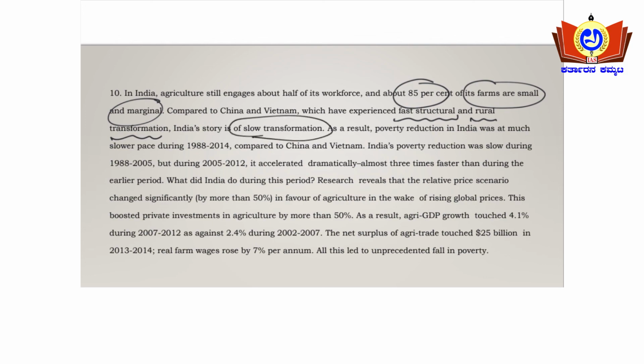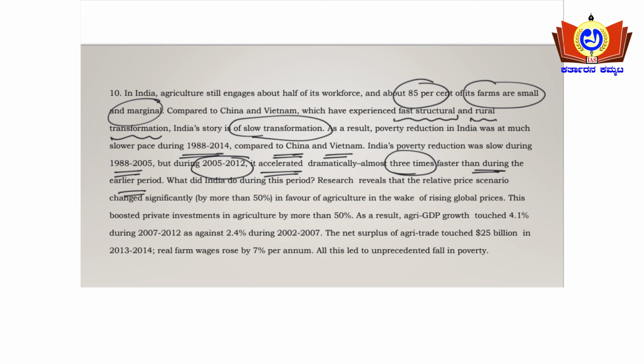As a result, poverty reduction in India was at a much slower pace during 1988 to 2014 compared to China and Vietnam. India's poverty reduction was slow during 1988 to 2005, but during 2005 to 2012 it accelerated dramatically, almost 3 times faster than during the earlier period.